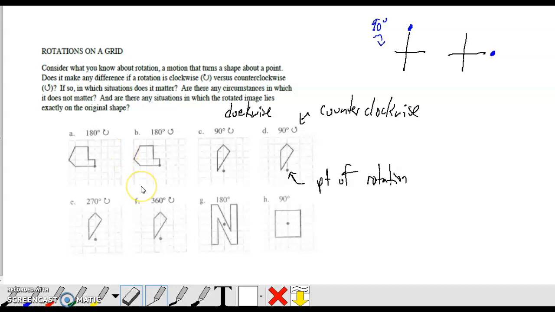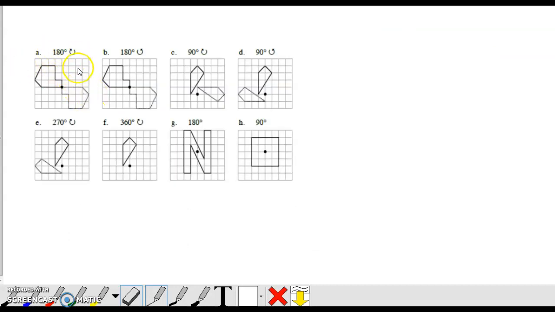Okay, if we paused our video, we should have all 8 of these graphs done. This is what your graph should look like. If you haven't paused it, go ahead, pause it, and come back to this. Notice 180 clockwise versus 180 counterclockwise does not make a difference, which is nice. Notice 90 degrees clockwise versus 90 degrees counterclockwise does make a difference.